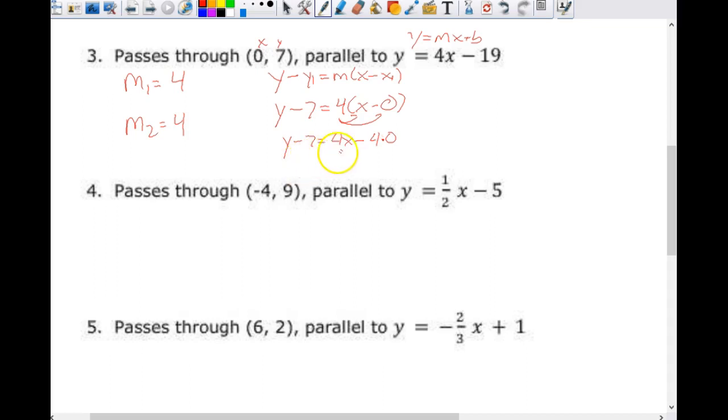So we have y minus 7 is equal to 4x minus 0. We want to add 7 to both sides. y is equal to 4x plus 7. You start with the slope-intercept form.